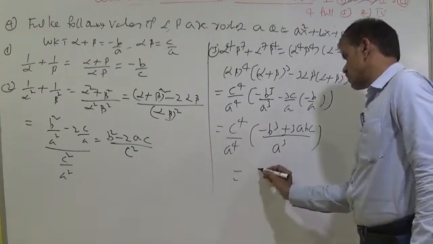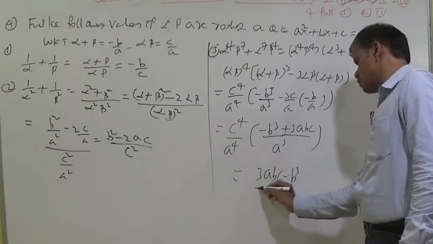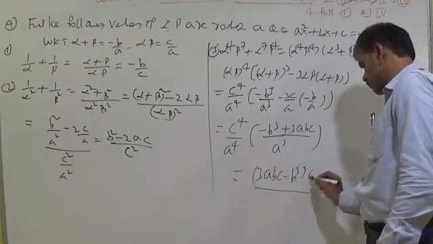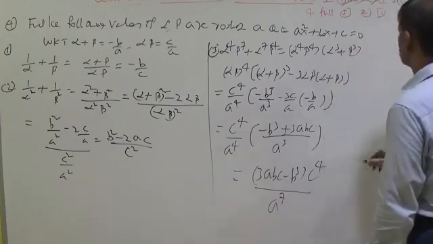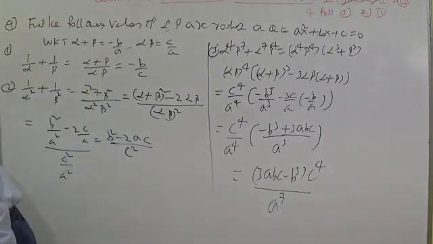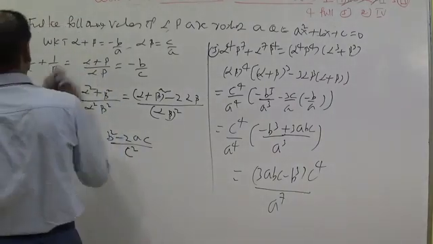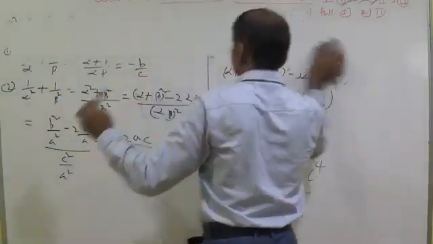Now you can write 3abc minus b cube into c power 4 whole by a power 7. This is the value of alpha power 4 beta power 7 plus beta power 4 alpha power 7. Now let us calculate the fourth question.